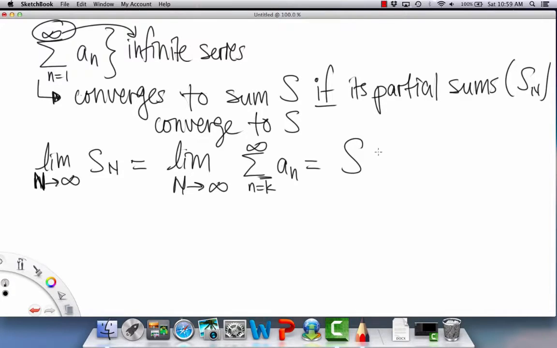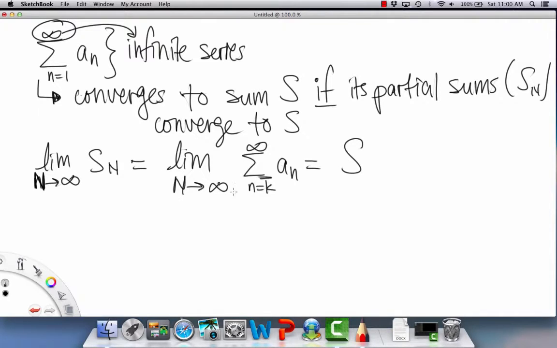This is kind of like when we did limits of functions and the upper bound for our integral was infinity, then we used the letter r to replace it, so then we said r goes to infinity, and we had to take the limit.